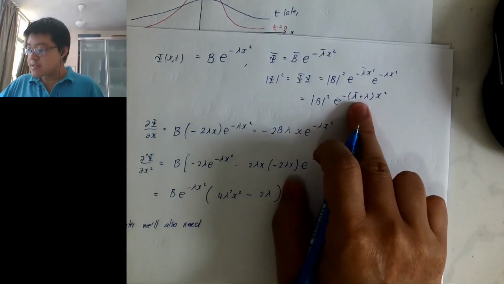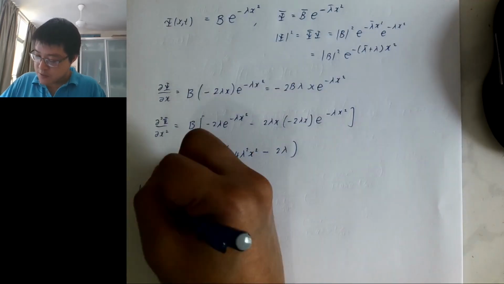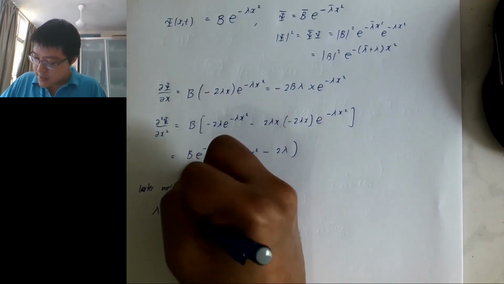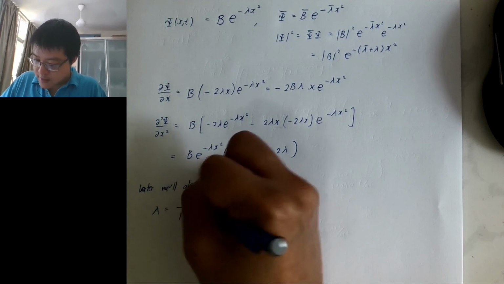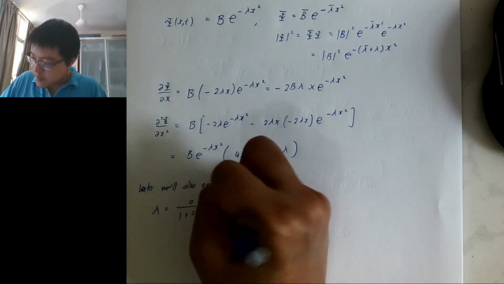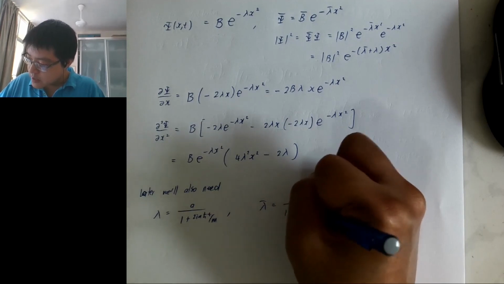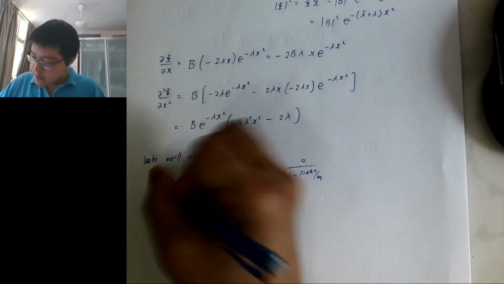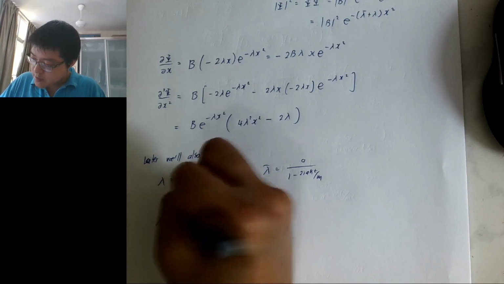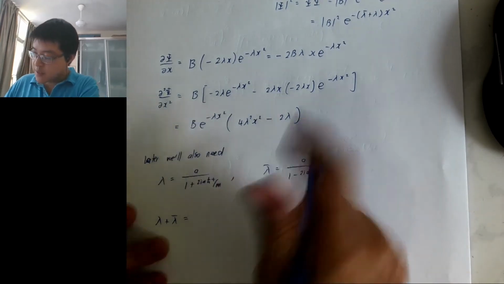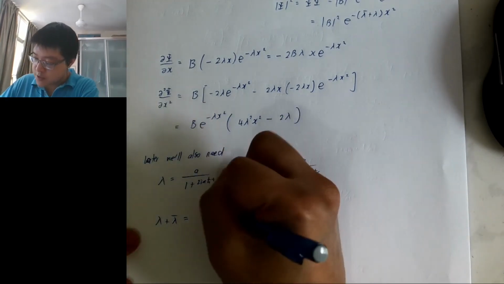Because we need this thing and then the complex conjugate. So for lambda, it is a times (1 plus 2i a h bar t over m). Therefore, your complex conjugate is a times (1 minus 2i a h bar t over m). So lambda plus lambda bar is this plus this. We did a similar calculation just now. What we got was 2a.